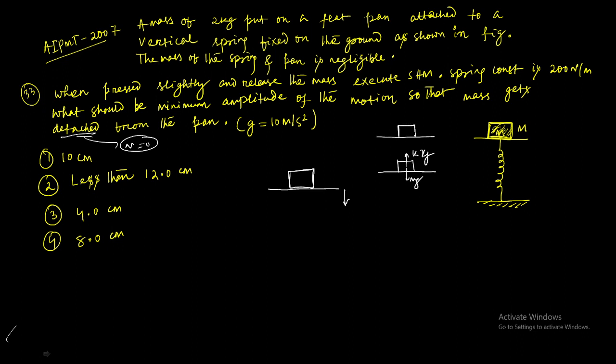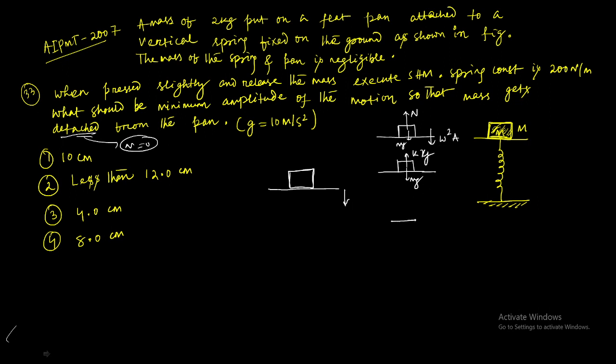At extreme position there will be a normal force and downward mg, and the acceleration will be downward, because at extreme position the acceleration will be minus omega square A, and downward because the minus sign is sitting here.